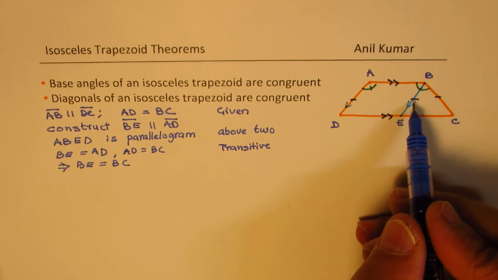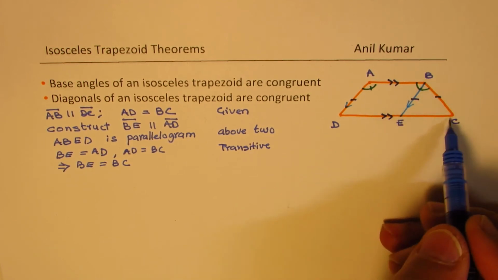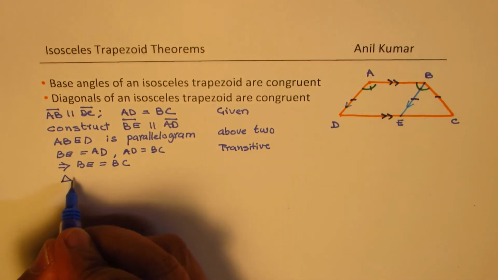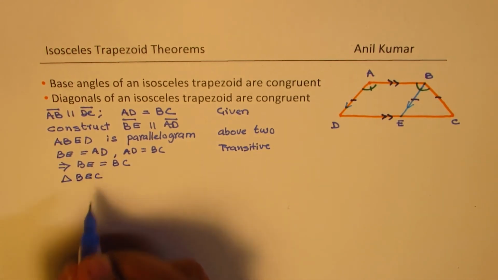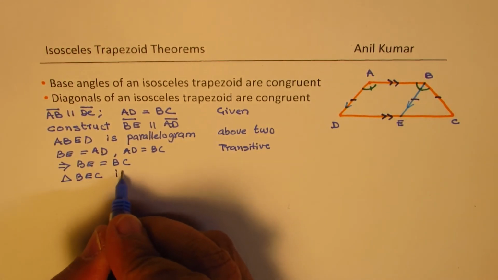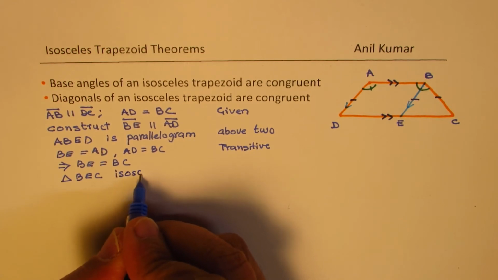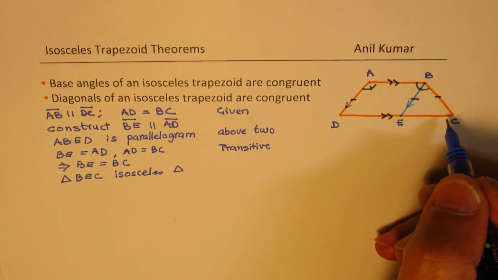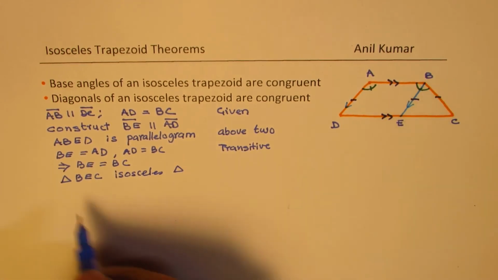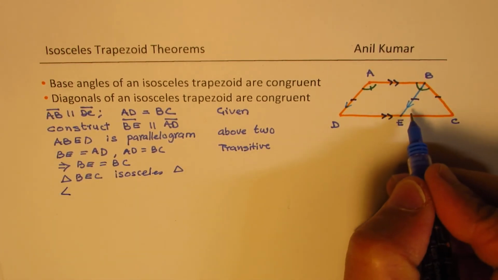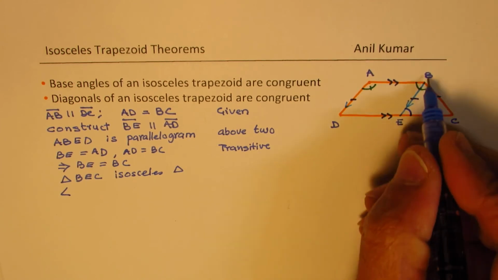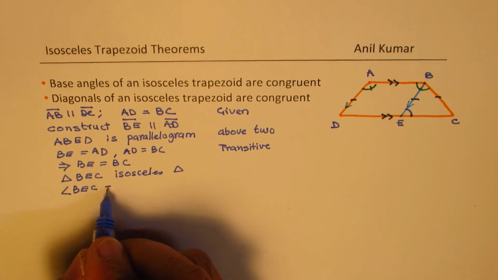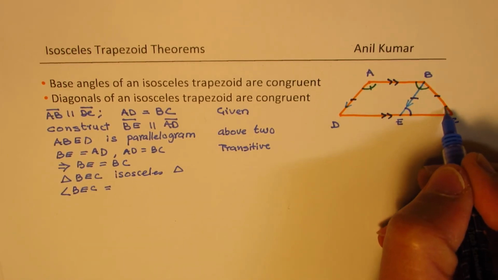Now if two sides of a triangle are congruent, then the triangle BEC will be an isosceles triangle, right? Now this is an isosceles triangle, and therefore we have that the angle BEC should be equal to angle BCE, correct?